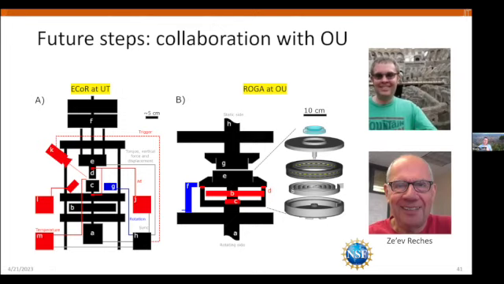And the idea is to transfer the technology from ECoR, UT, to ROGA at the University of Oklahoma, in collaboration with Brett Carpenter, this person here who is in Rome, and Zev Reches. And I'm very keen to see the results, what will happen with this machine. This machine is much, much bigger, and it would be very scary to be present at those experiments.